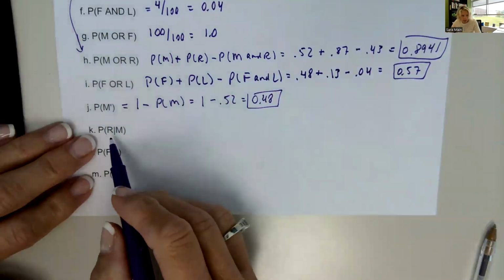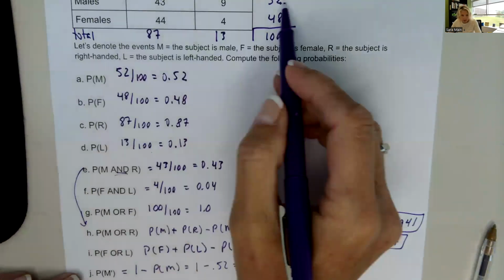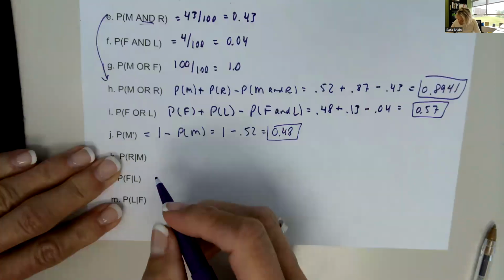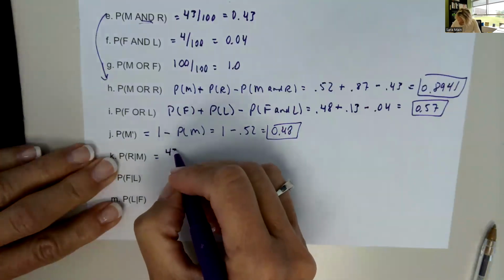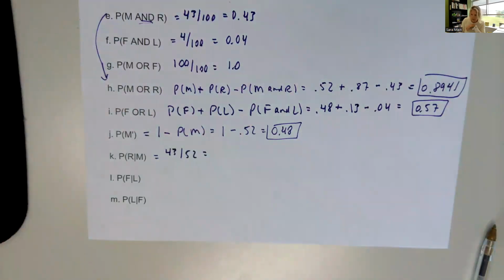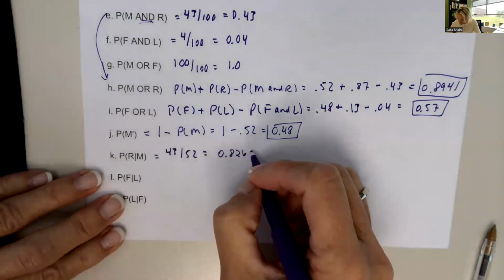Okay, the probability of being right-handed given you're a male. Out of the 52 males, the probability of being right-handed is 43. So 43 out of the 52 is 0.8269.